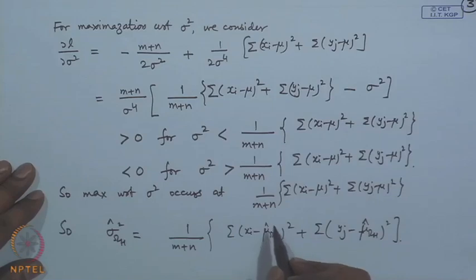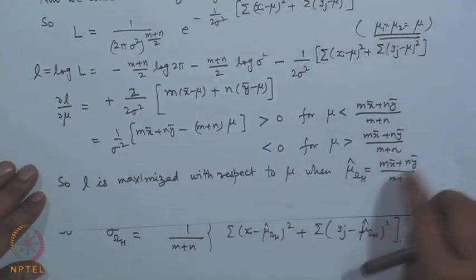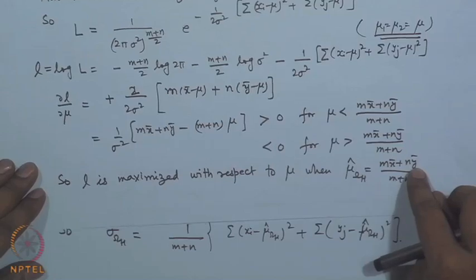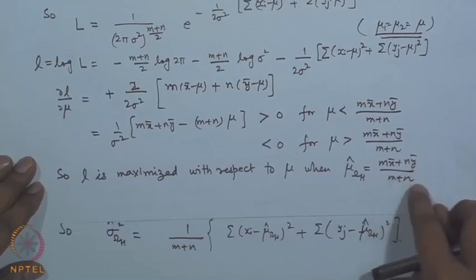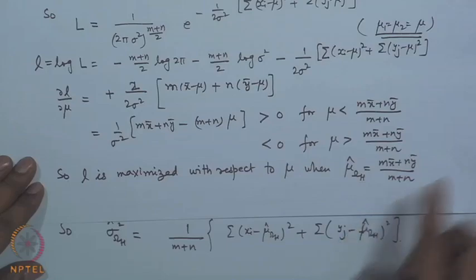Now, mu head omega hat that we evaluated just now is equal to (m x bar plus n y bar) divided by (m plus n). So, this value we substitute here.